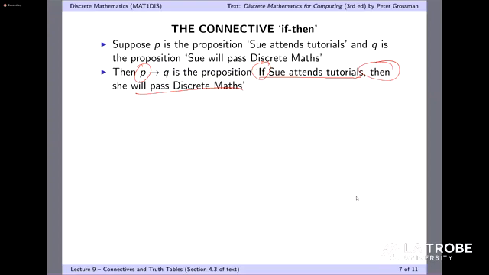My claim was, if you attend tutorial, then something happens. You have not attended tutorial, so that has nothing to do with my claim. My claim still stands. If you have not attended tutorial, my claim has nothing to do with it. My claim has only to do with whether you have attended tutorial. So my claim can only be wrong if you attend tutorial and you do not pass. That can be the only way it would be wrong.